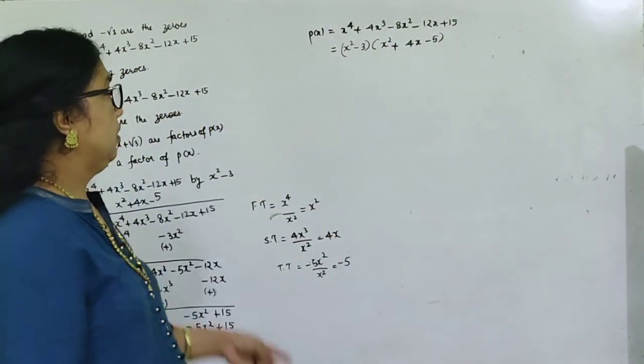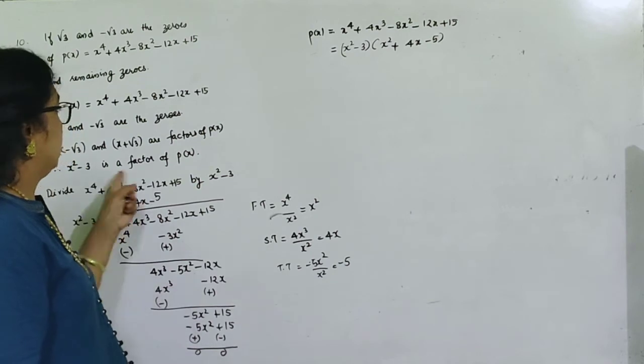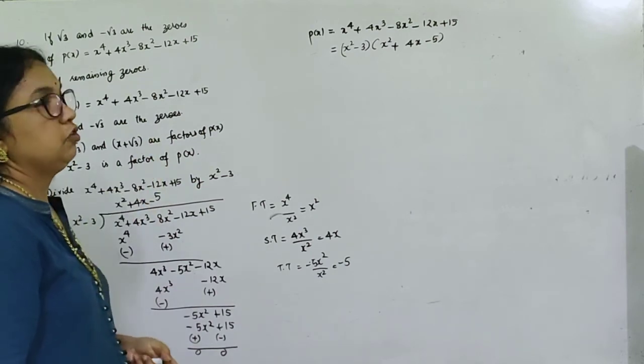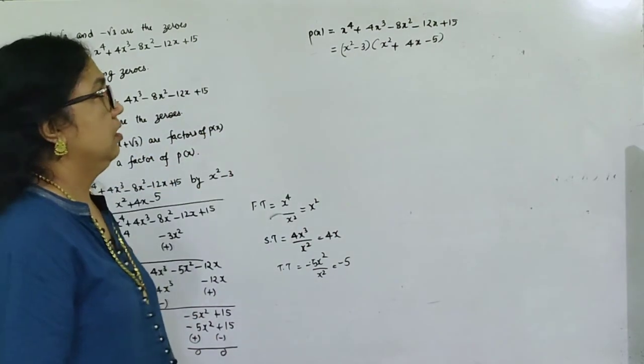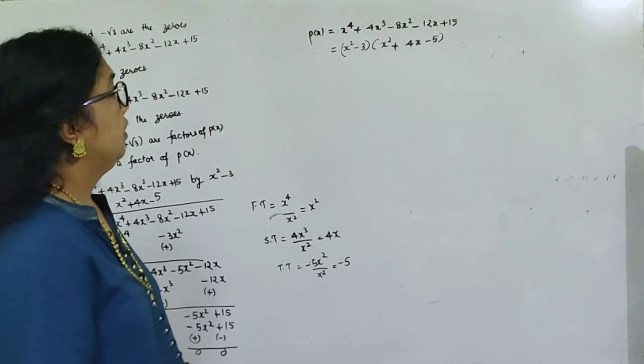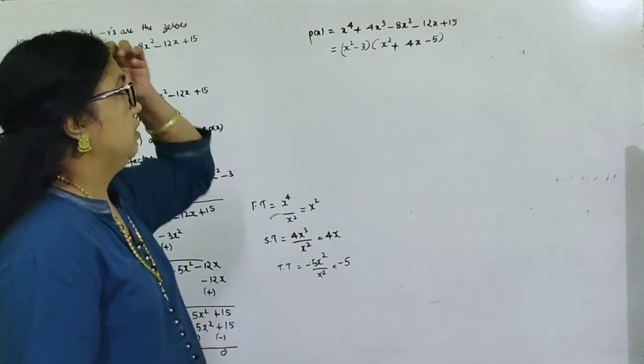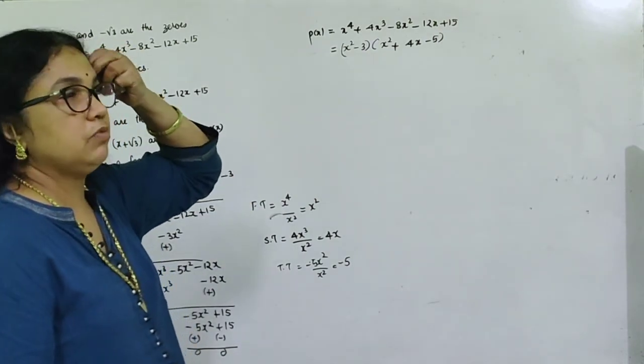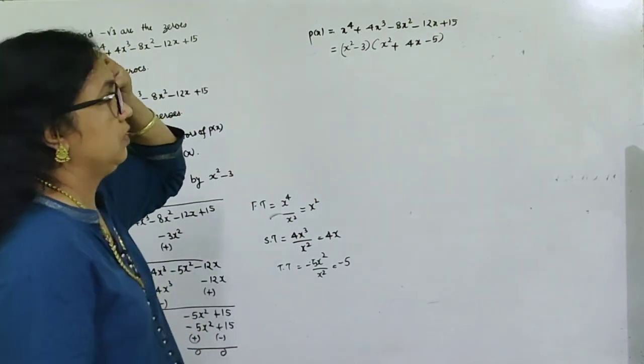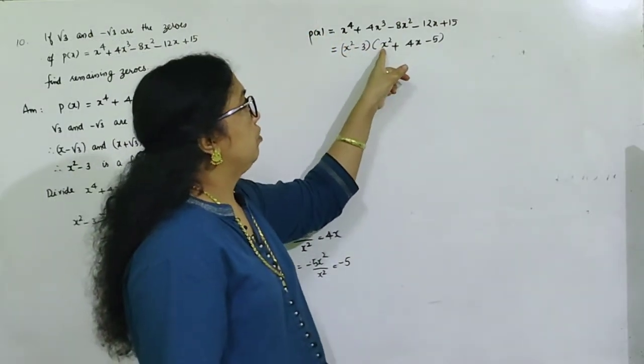Now we are dividing by this to get the quotient and that factor, so that we can get the factorization. Easily you can factorize it. In the first sum, how did we do it? Same way. x square minus 3 is already factorized: x plus root 3 and x minus root 3. This one is a quadratic polynomial.